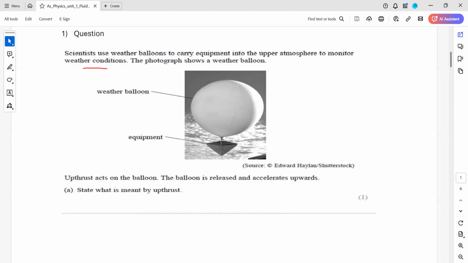So the definition of upthrust: upthrust is the upward force which the fluid applies, which is also equivalent to the weight of the fluid displaced by an object.